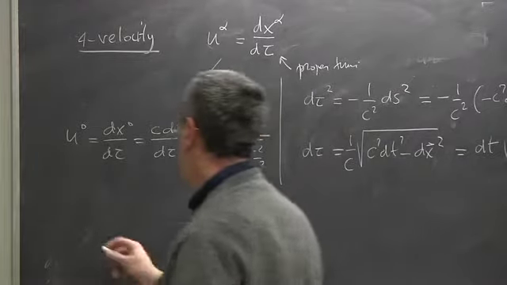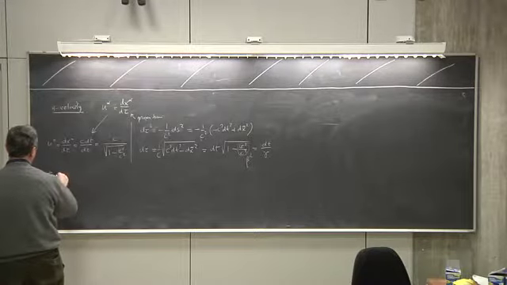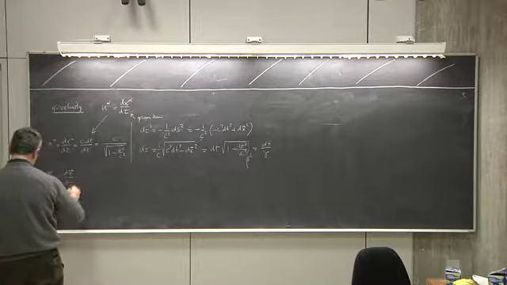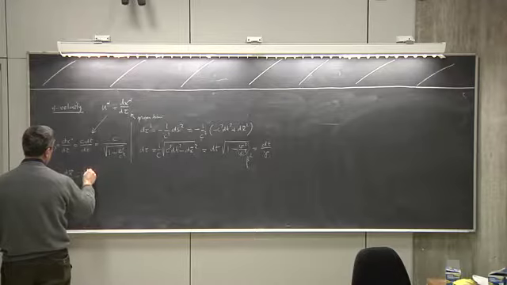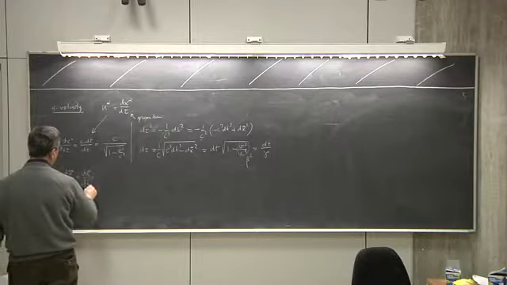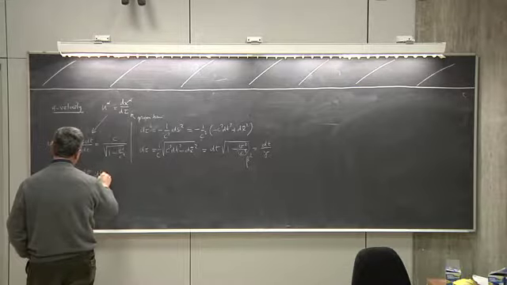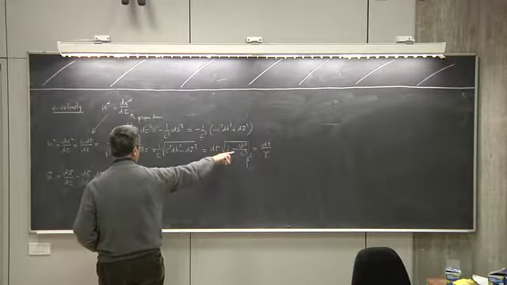time component. And the other components, the u vector, the other three components, these are the dx vector over the proper time. I can write this in the usual dx dt, that's what I call v, the velocity, and then I have the derivative of dt with respect to tau. So again, dt over d tau is just this factor.